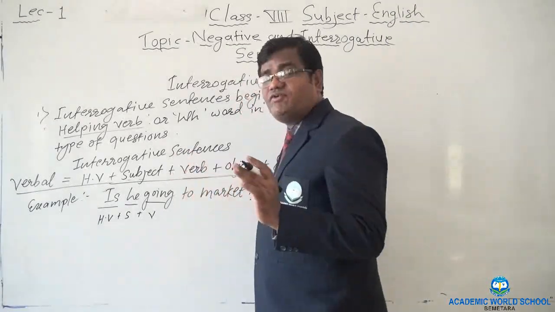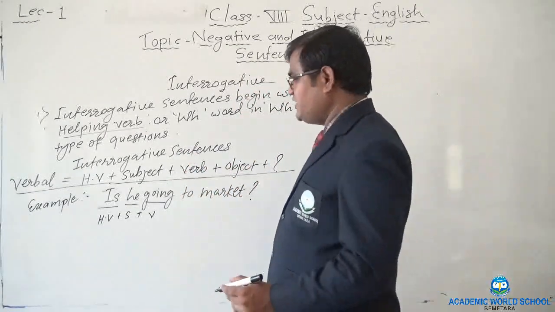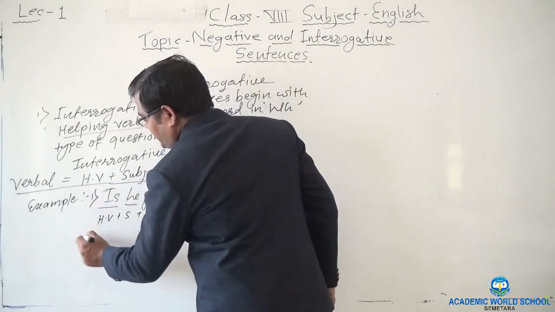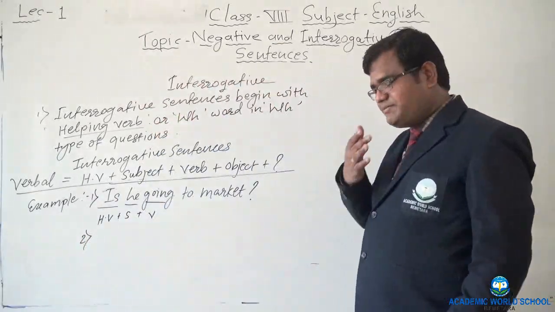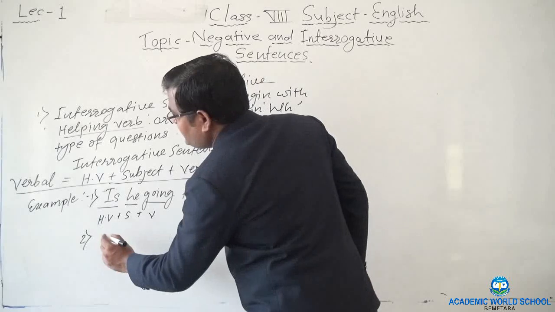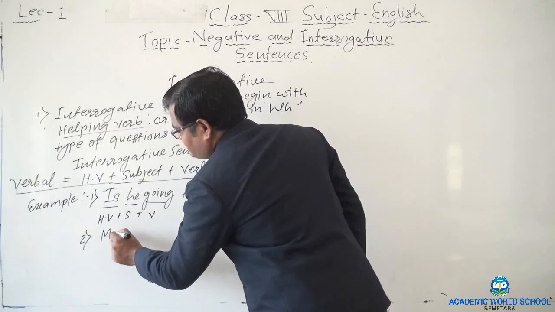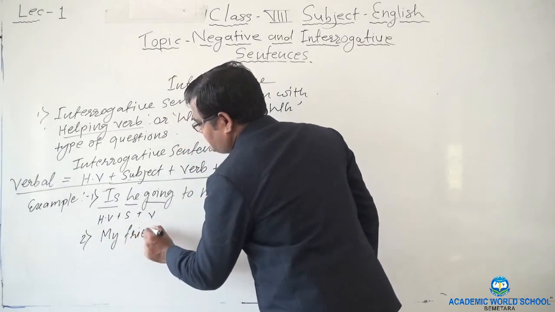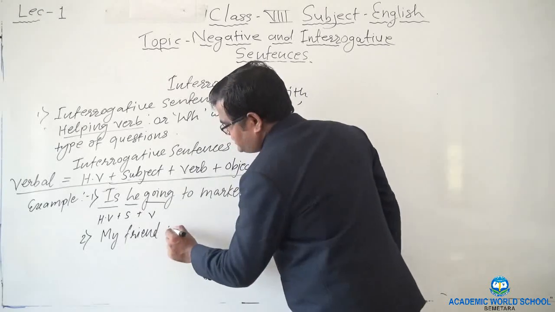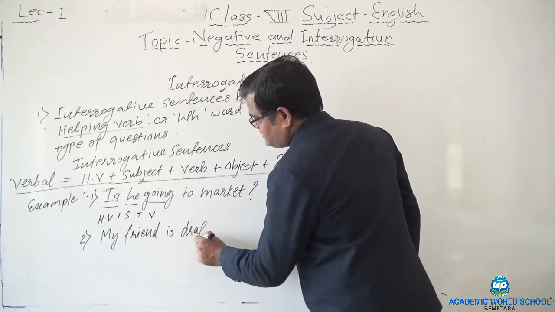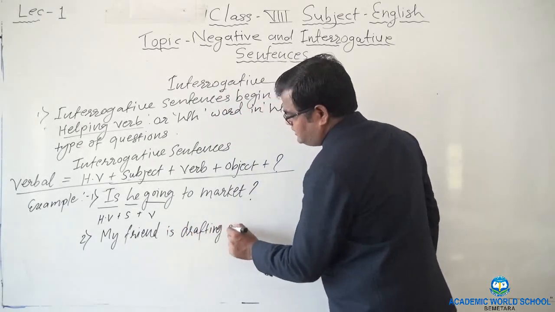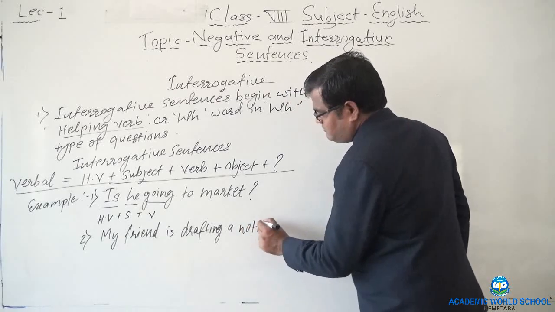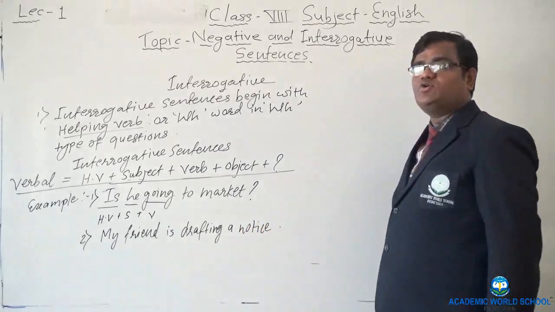Now let me write one assertive sentence so that we will make it into an interrogative. For example, the sentence is: my friend is drafting a notice.